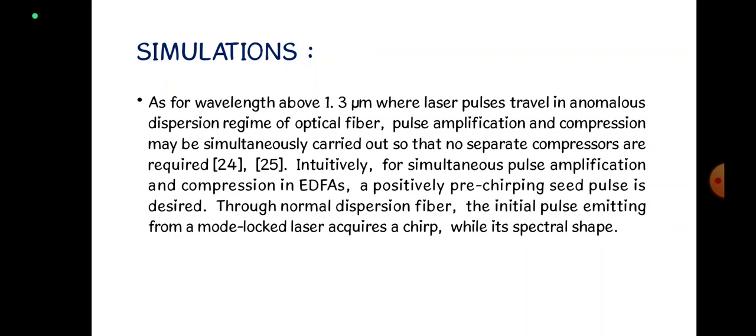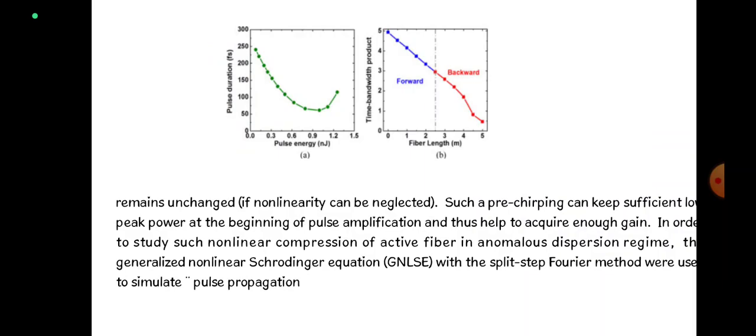The initial pulse seeding from a mode-locked laser acquires a chirp while its spectral shape remains unchanged if nonlinearity can be neglected. Such pre-chirping can keep sufficiently low peak power at the beginning of pulse amplification and thus helps to enough gain in order to study such nonlinear compression in active fiber in the anomalous dispersion regime.